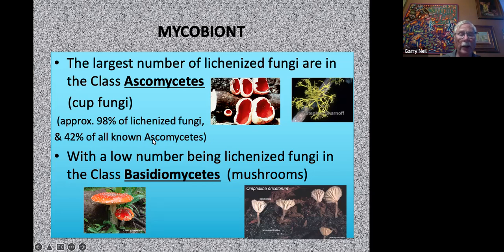So it's interesting how much of this particular group of fungi are actually in relationship to the algae. Again, the lowest number of lichenized fungi are in the Basidiomycetes, a very small number, only about 2%. And that's worldwide, by the way.